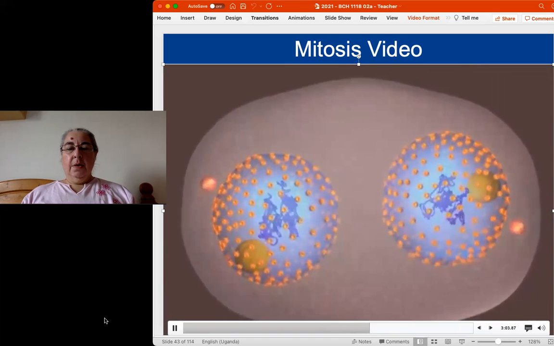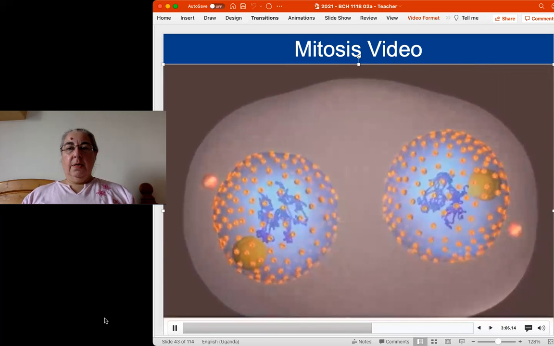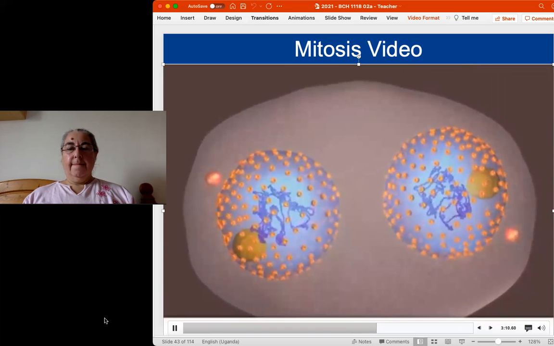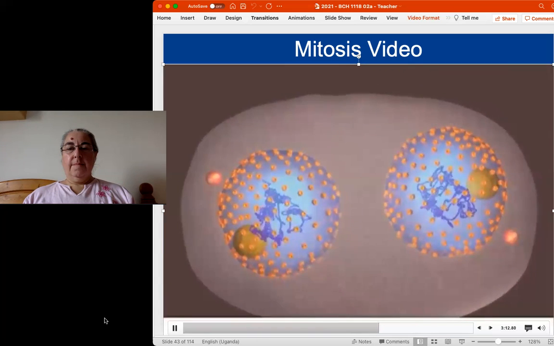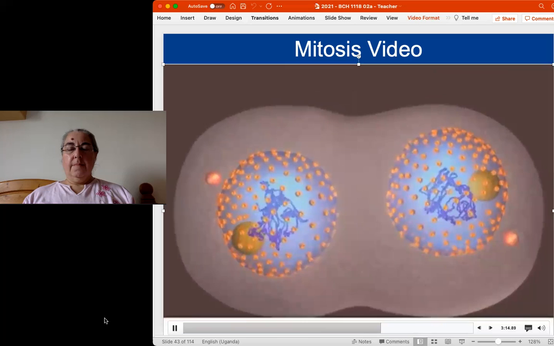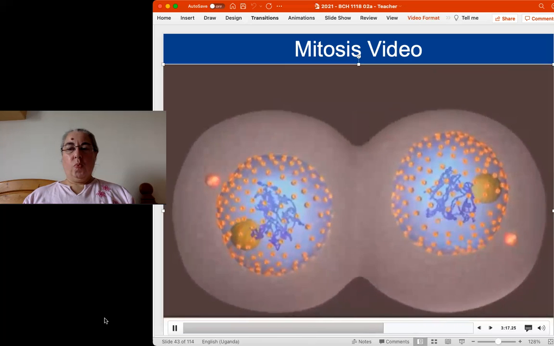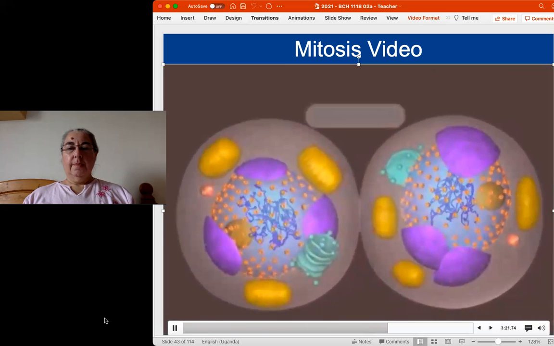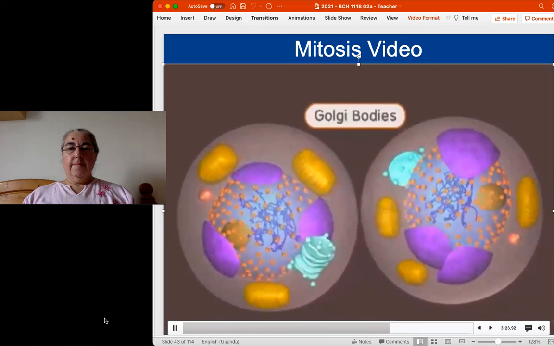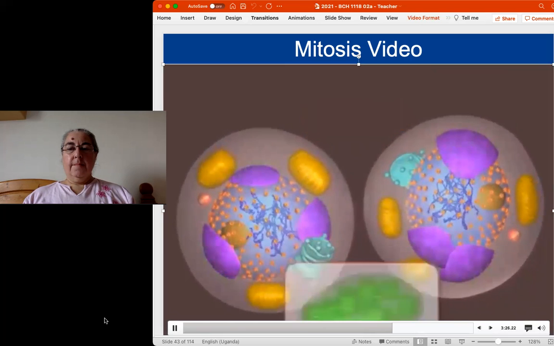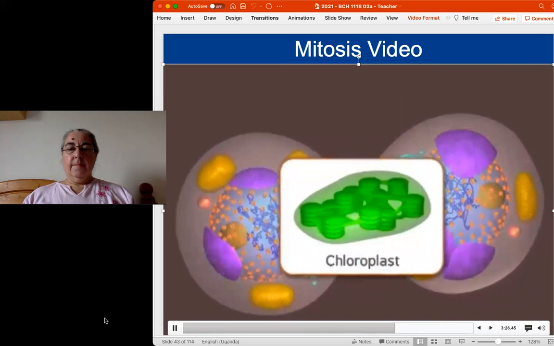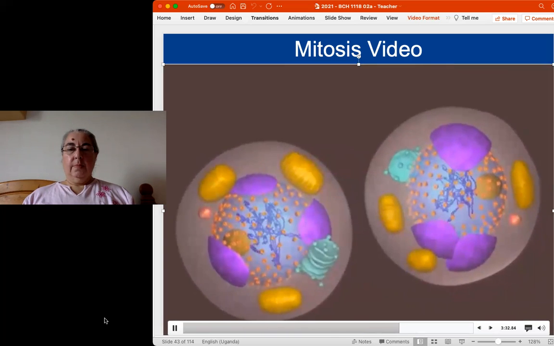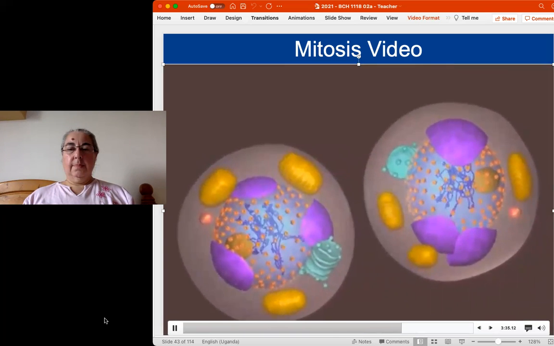Following mitosis, the cell undergoes a process called cytokinesis. First, the cell is compressed by a contractile ring that divides the cell in nearly equal halves. By now, the organelles in the cell have been replicated and are now divided between the two halves of the cell. This includes mitochondria, Golgi bodies, and the rough ER. Plant cells also have chloroplasts. Once split, the two new cells are now fully in the G1 stage of interphase and ready again to begin their growth.